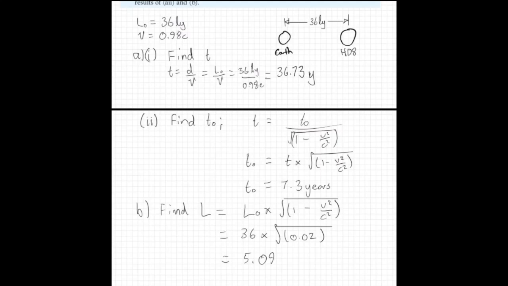Oh, what units did we use there? Oh, no, that's fine. Yep. 5.09 light years. We should be back in light years, because we used light years initially. Our units for length were light years.